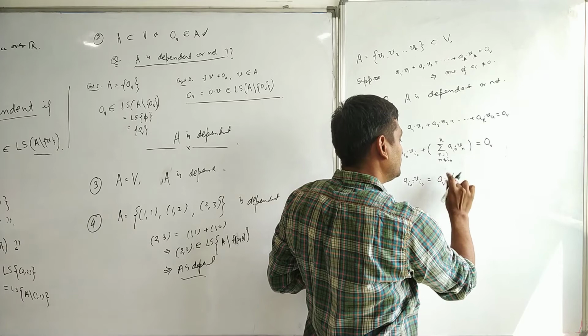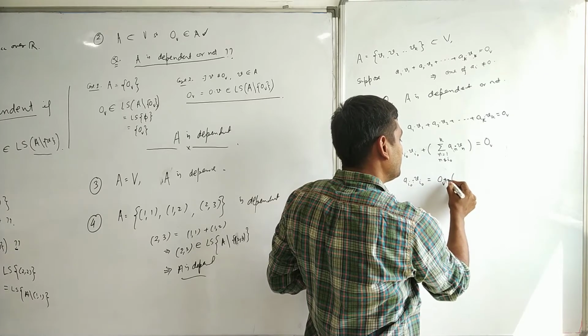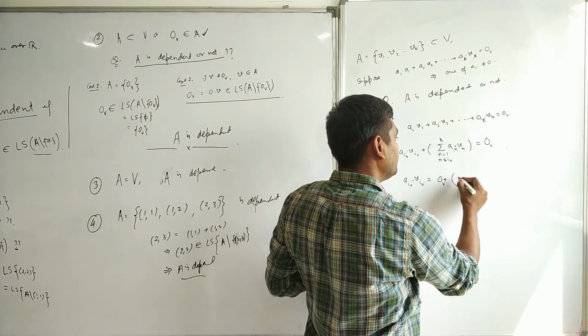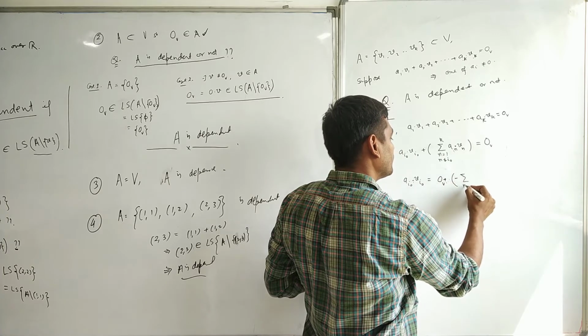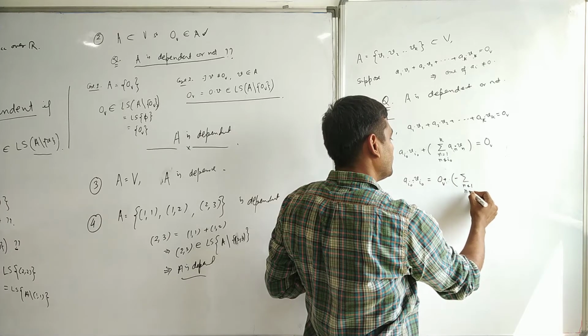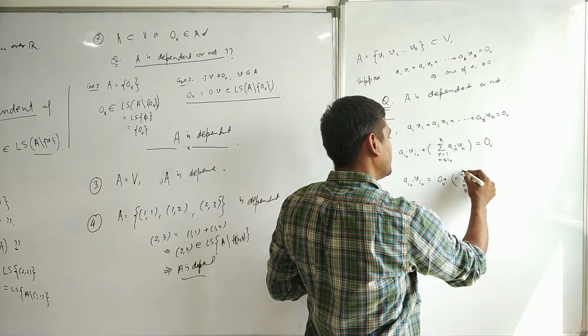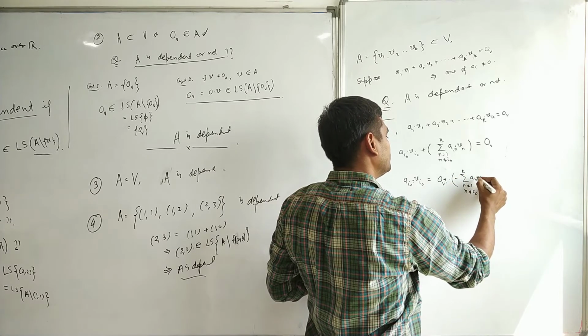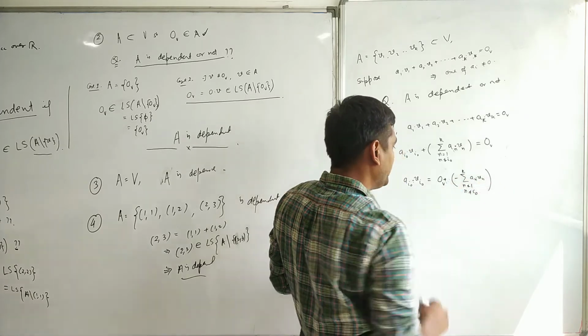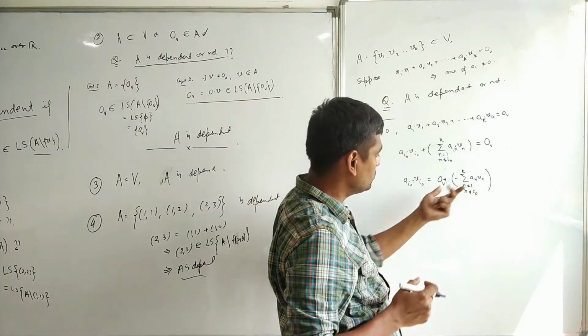So let me write down here this way, minus of n is not equal to i naught comma k an vn. And then if you add 0v, that will be equal to just this one.